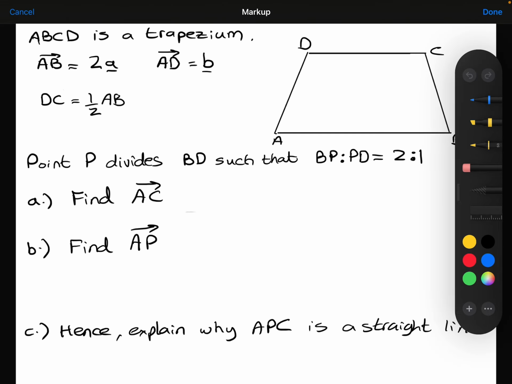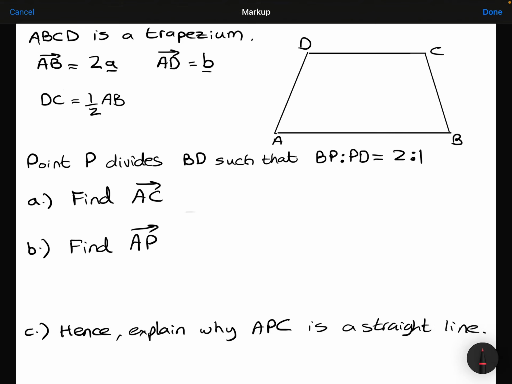So ABCD is a trapezium. We're told that the vector AB is 2a, the vector AD is b, and we're told that DC is half of AB. So let me mark that information onto my diagram. The vector from A to B is 2a. The vector from A to D is vector b.